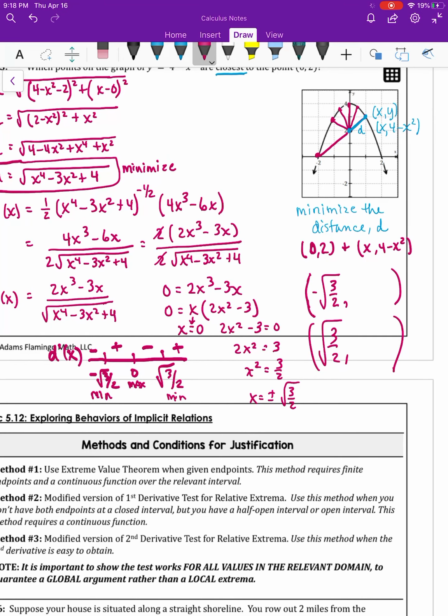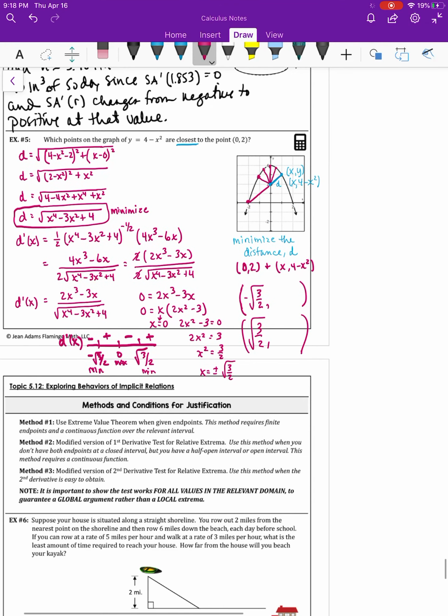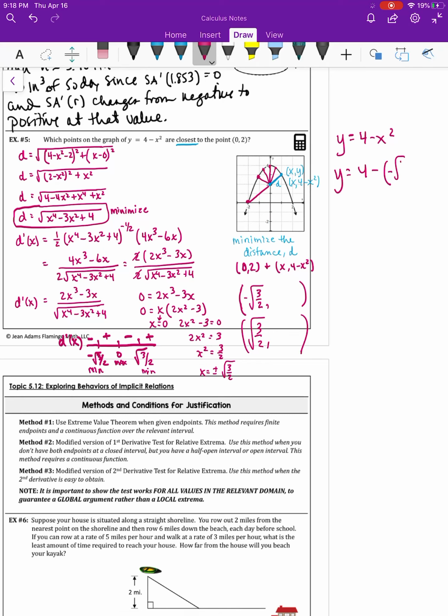Since I'm trying to minimize the distance, the two that I would like to look at are the negative square root of 3/2 and the positive square root of 3/2. Those are the 2 points that I would like to find their y values, because it's asking for which points.